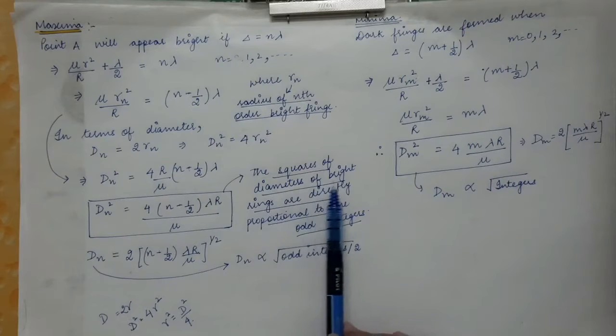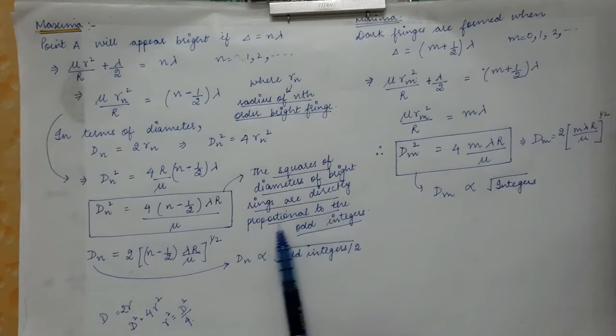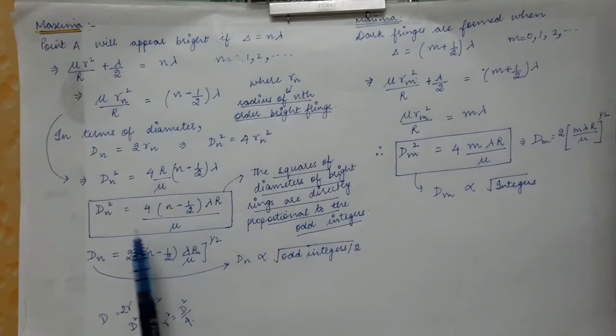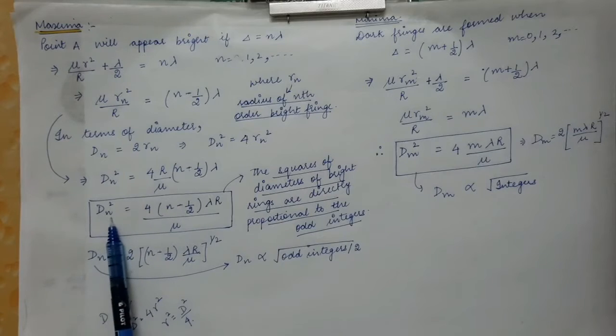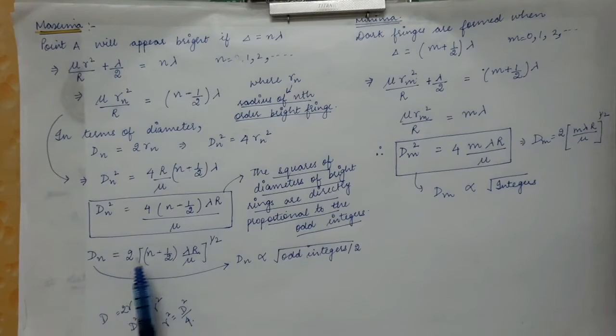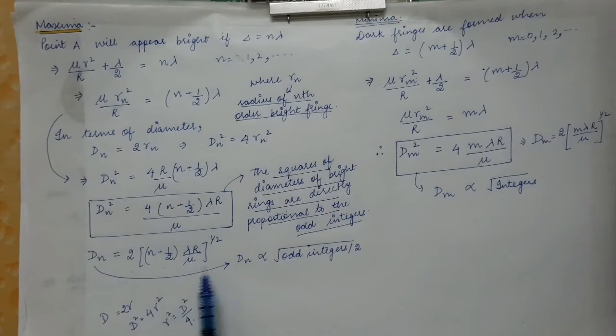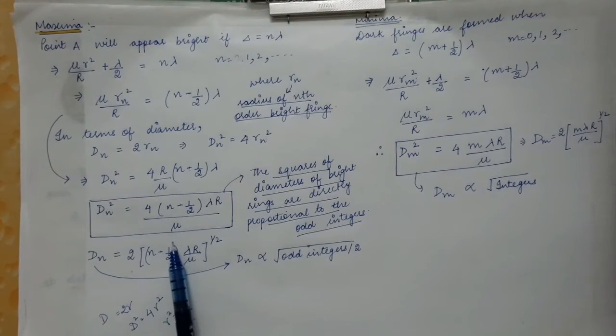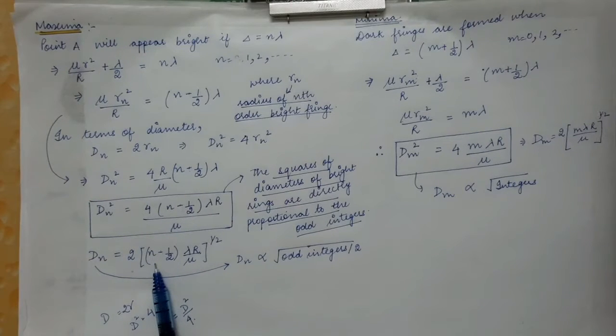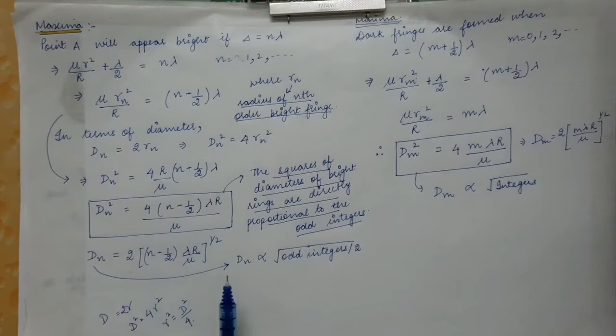So the squares of the diameters of the bright rings are directly proportional to the odd integers, and the diameter can be evaluated by taking the square root on both sides. So you will get this expression, and inside this square root we have n minus half. The lowest value of n is 1, so you will get 1 by 2, then 3 by 2, then 5 by 2, and so on.